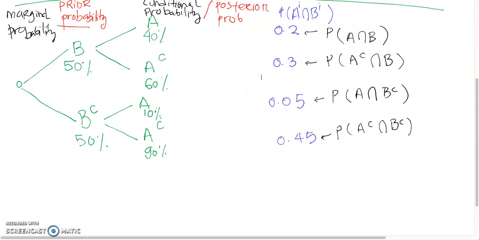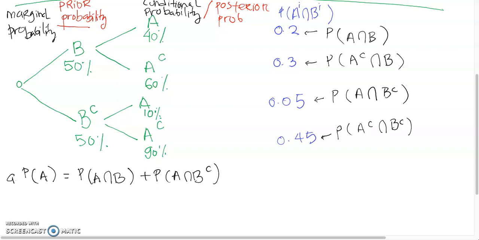Now let us solve the first question. What is the probability that she fails? We can use the total probability formula. That is P(A and B) plus P(A and B complement), because we are looking for failing.